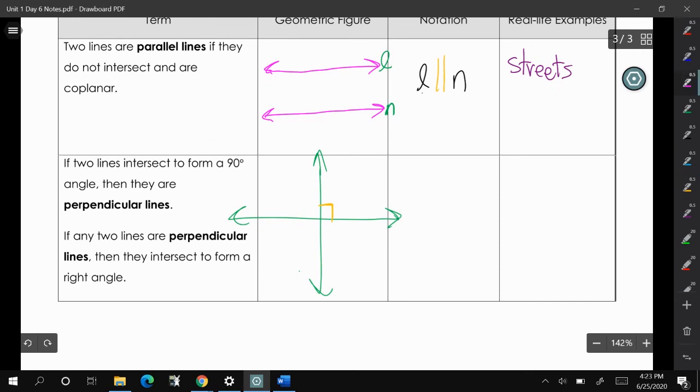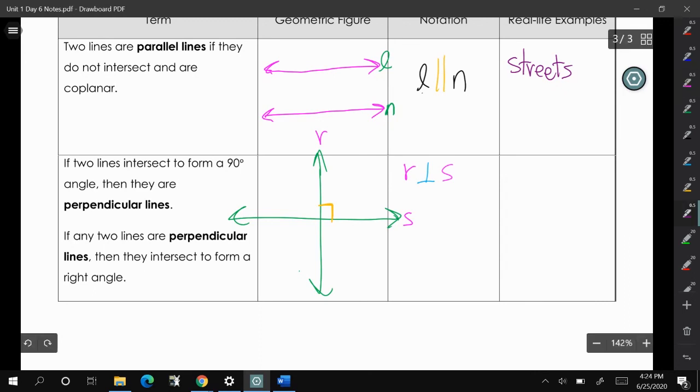And let's call these lines R and S. So the notation we would use would be R, and it's an upside down T for perpendicular. That's a symbol for perpendicular to S. So line R is perpendicular to line S.